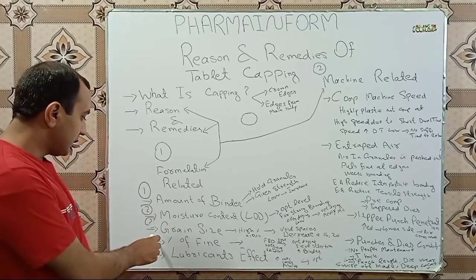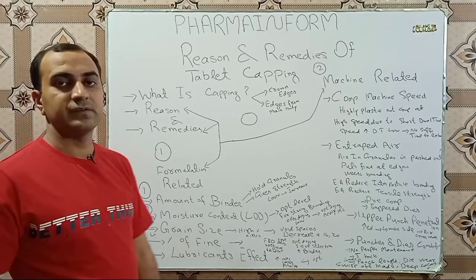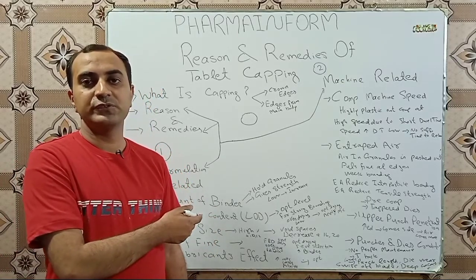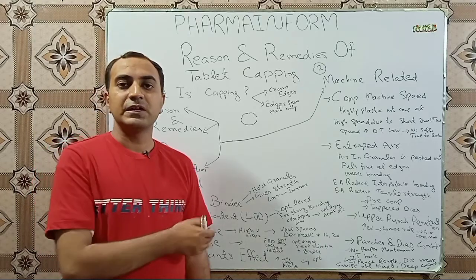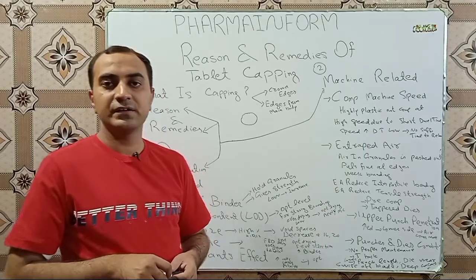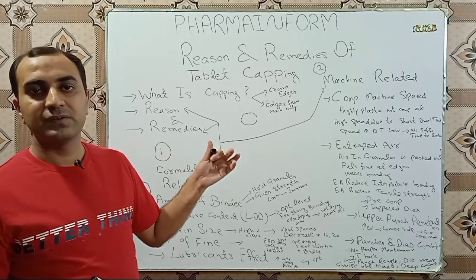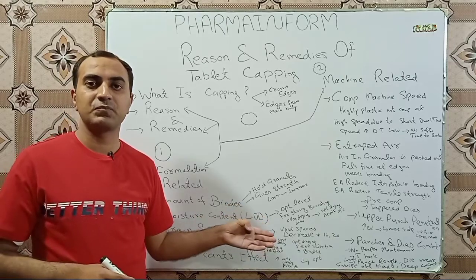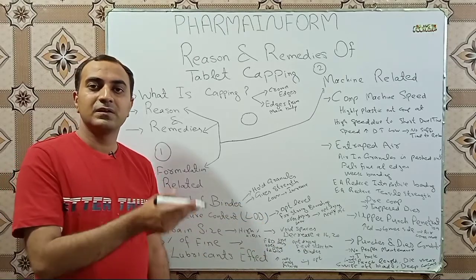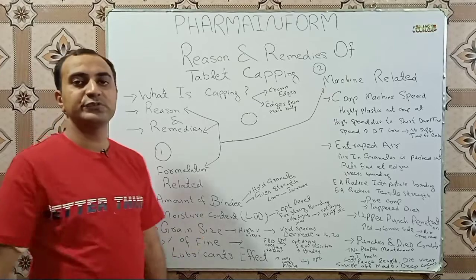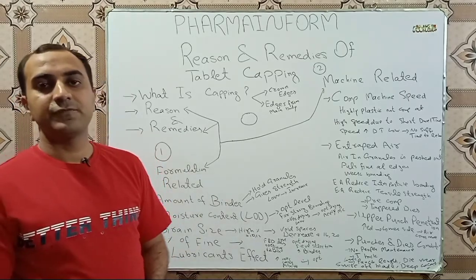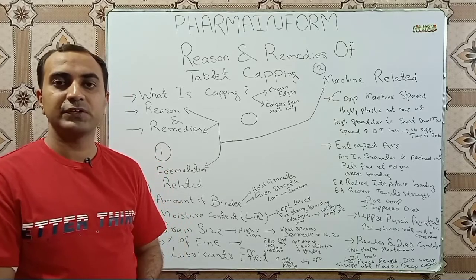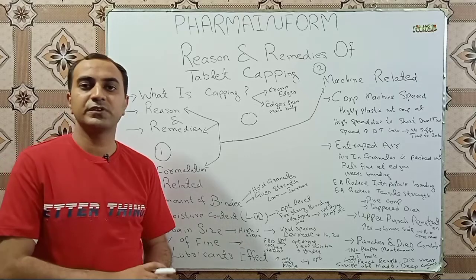The next factor is percentage of fine. This factor is basically related to the granule size. Like, if our percentage of fine is very high and granules percentage is low, then this will result in tablet capping. This step is totally opposite to the granule size step. If our fine is high, we will have to reduce the percentage of fine. How can we reduce percentage of fine?